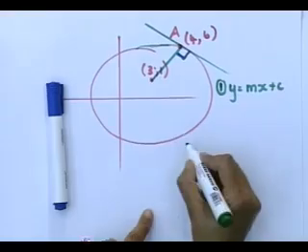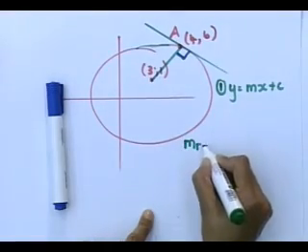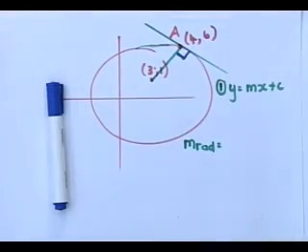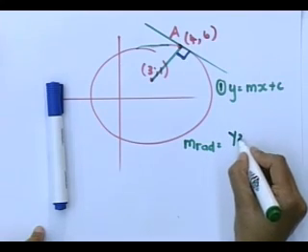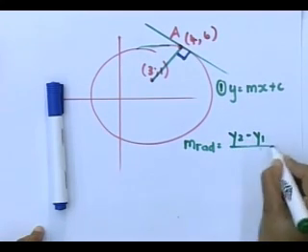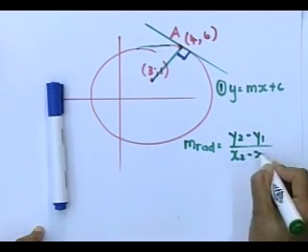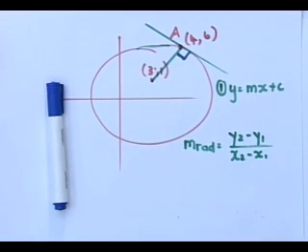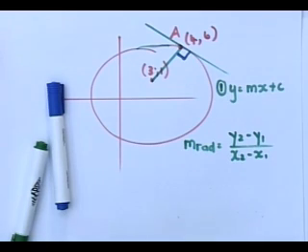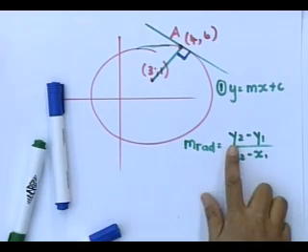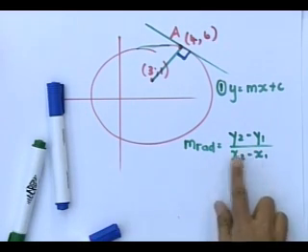Okay, so can we get the gradient of the radius? I know you guys have got the answer to this already. y2 minus y1 over x2 minus x1. What is this? This is the gradient of the radius. So can we substitute? Can I say y1 minus y2 over x1 minus x2?